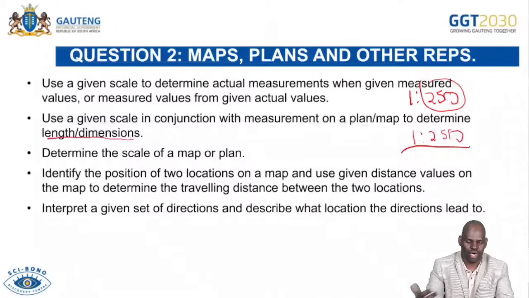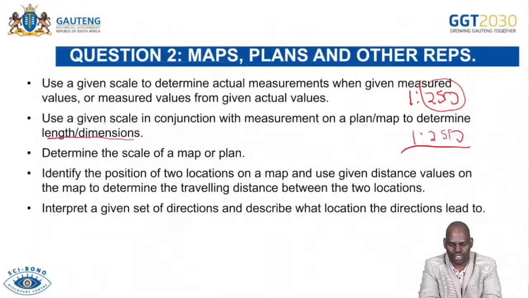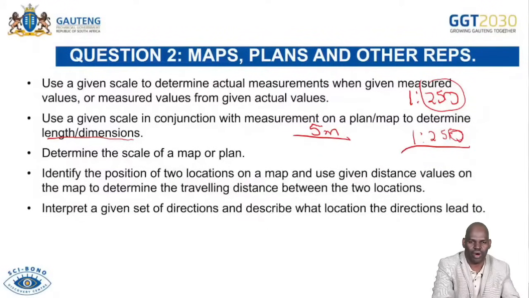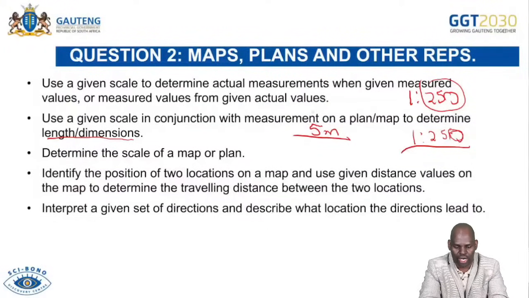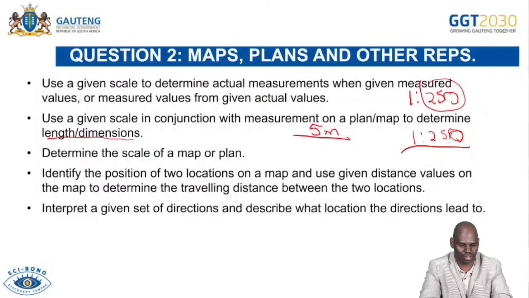Then they say what is indicated there is 5 meters. Now 5 meters is obviously the actual length. What will be the length on the map? So what you're going to do is make it smaller. You take 5, you divide it by 250, and then obviously you convert it to millimeters or centimeters.